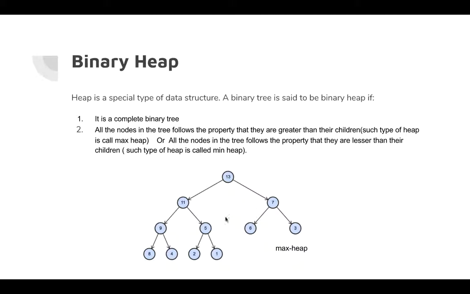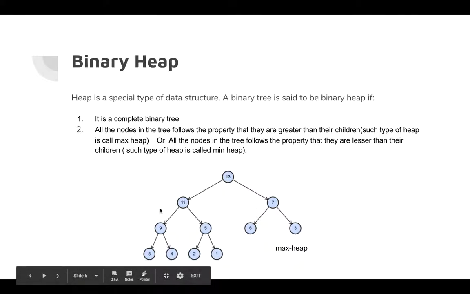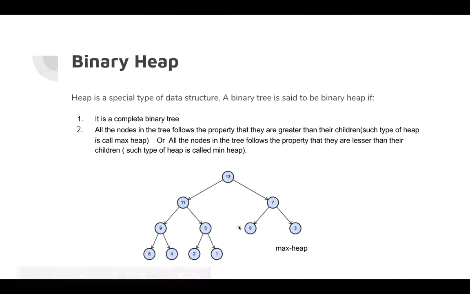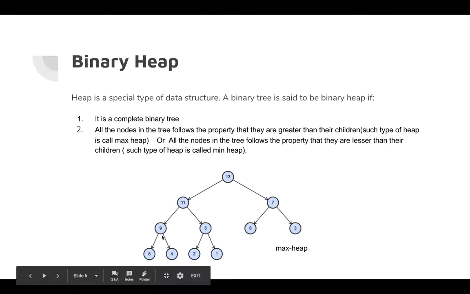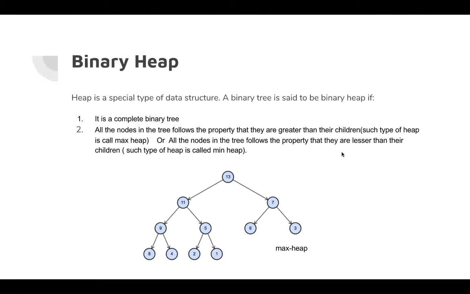You can see that this tree is a complete binary tree because all the levels are completely filled except the last one, and the last one is partially filled, but it follows our second criterion that all the leaves are as far left as possible.